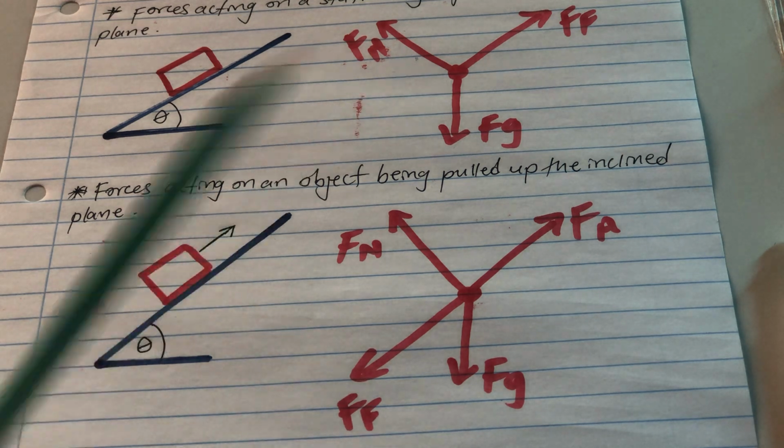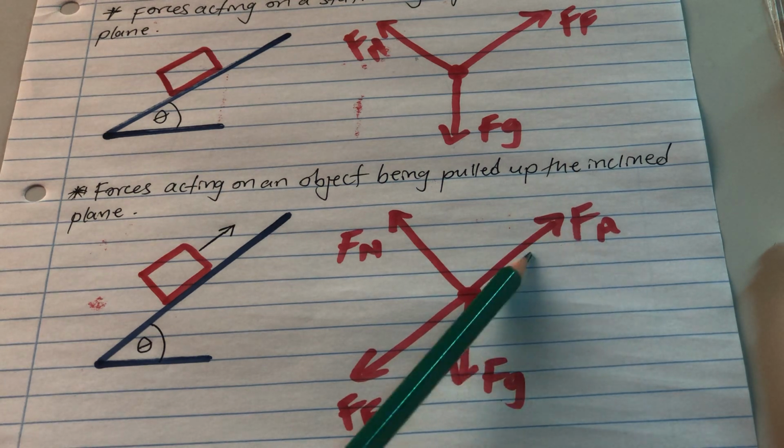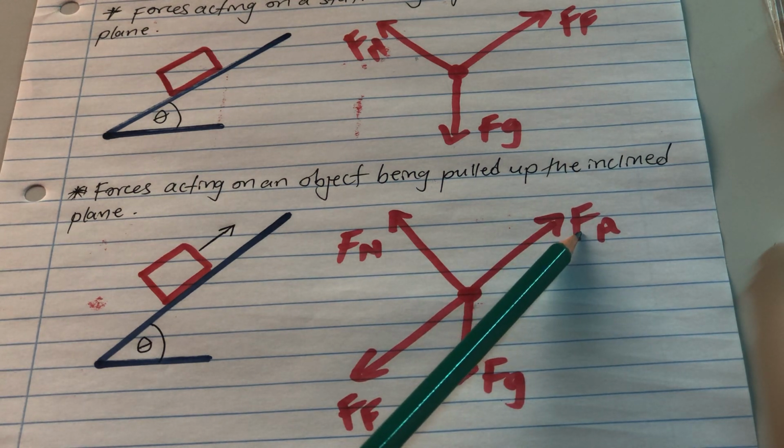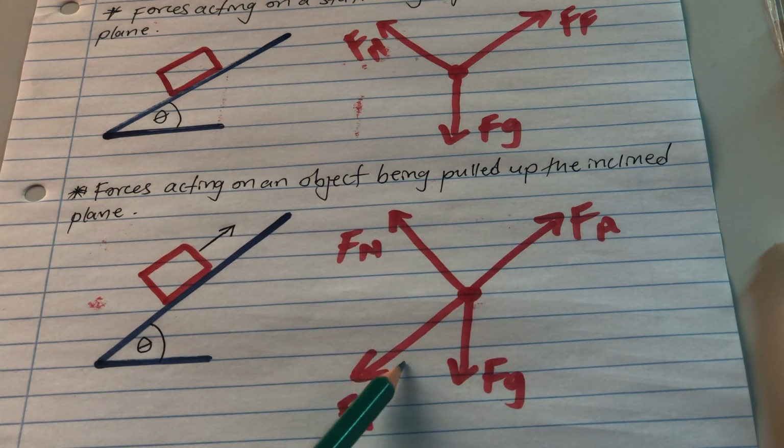Here we are told that it's being pulled up the inclined plane. So we have Fa, applied force. And we also have frictional force, which is pointing down the inclined plane. So this knowledge of drawing free body diagrams will be very useful, especially when solving problems under Newton's second law.